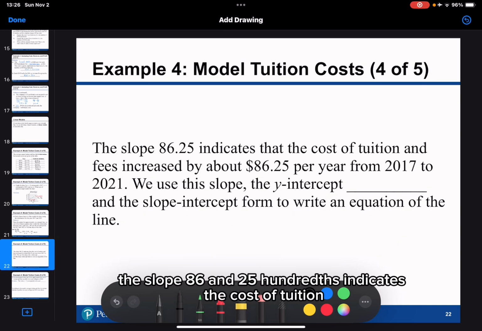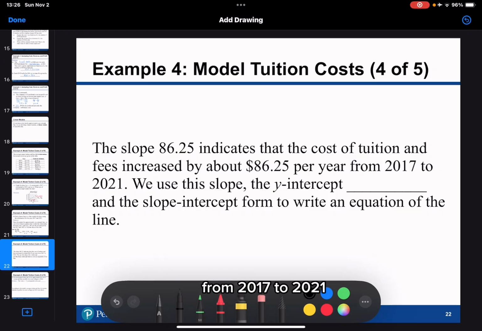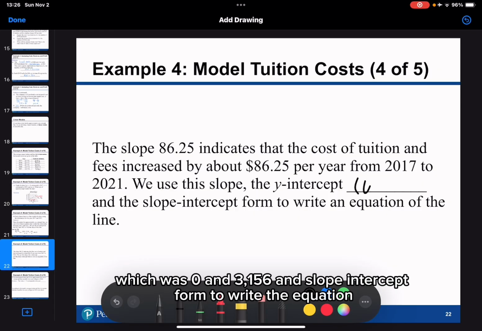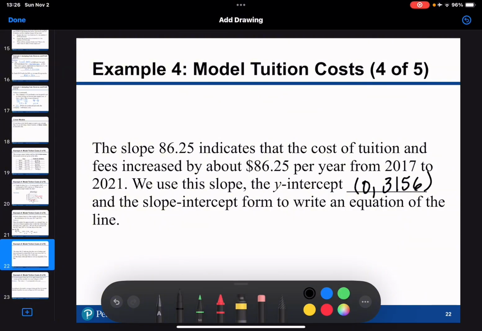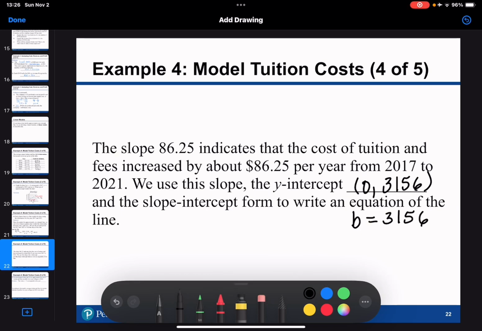The slope 86.25 indicates the cost of tuition and fees increased about $86.25 per year from 2017 to 2021. We use the slope and the y-intercept, which was (0, 3,156), in slope-intercept form to write the equation. So remember, when x equals 0, you have our y-intercept, where b is 3,156. Your m was 86.25.